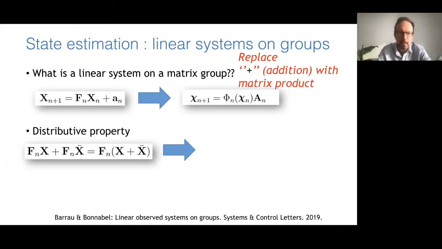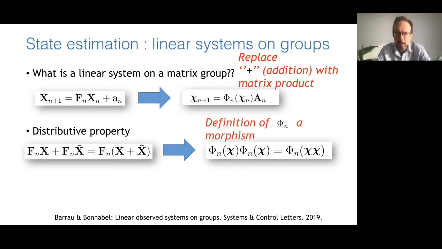So if I seek its counterpart in terms of matrix multiplication, this is what I get. By replacing the plus by just matrix multiplication, I get that phi here, which is the counterpart of f x, should verify this relation. And a map that verifies this relation is called a morphism in group theory.